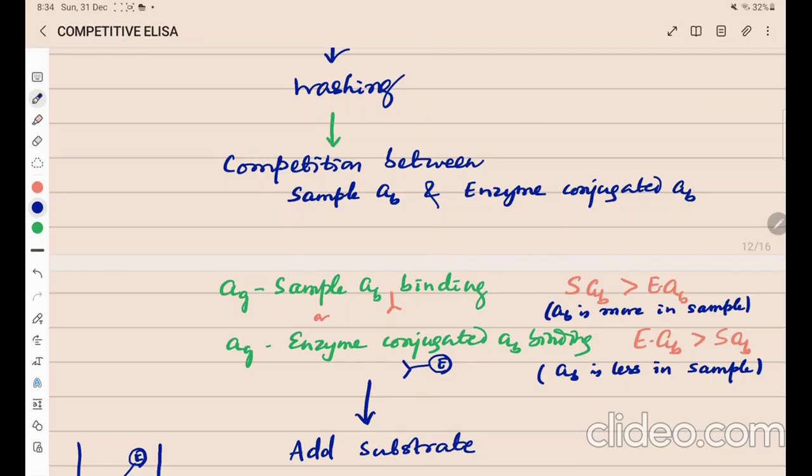When there is competition, the substance whose concentration is more will win. So when a person is HIV positive, that means the antibody against HIV is more in the person, so in that case it will bind. If the person is HIV negative, then the antibody against HIV is less or not available. Then the enzyme conjugated antibody that we have added will bind. So there will be a change in color.